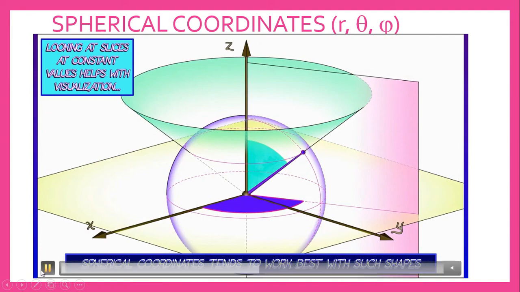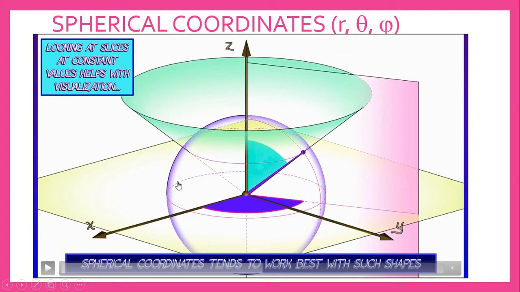Now you can see here, looking at it from the side, constant values help with the visualization. You can see here, we are going to make this sphere. For making this sphere, see this half. You can either consider two hemispheres, or if you look into the sector, it consists of many sectors.